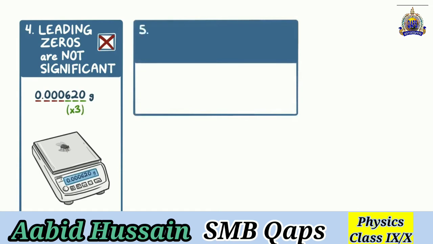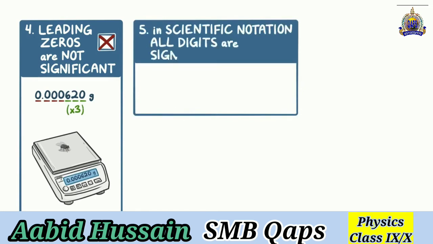Now we have rule number 5, which is that in scientific notation all digits are significant. It means if we have scientific notation like 10 power 2, 3 or anything else, all the numbers are called significant figures.